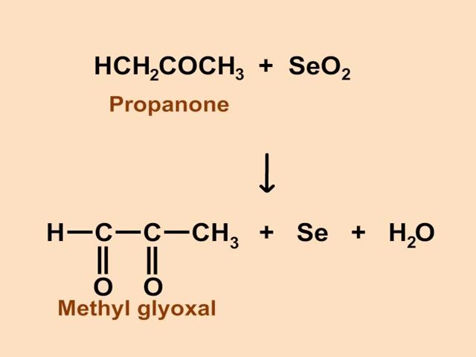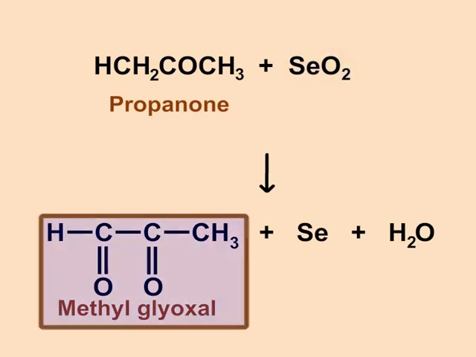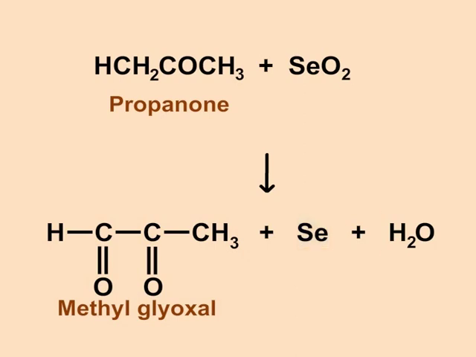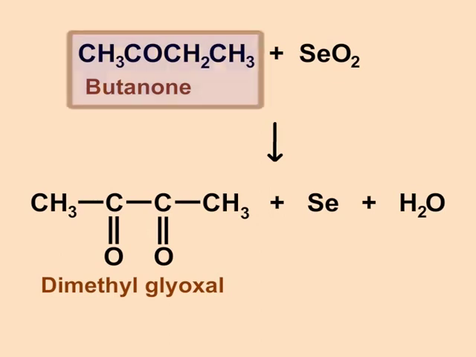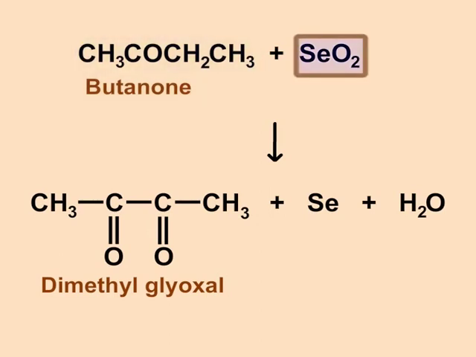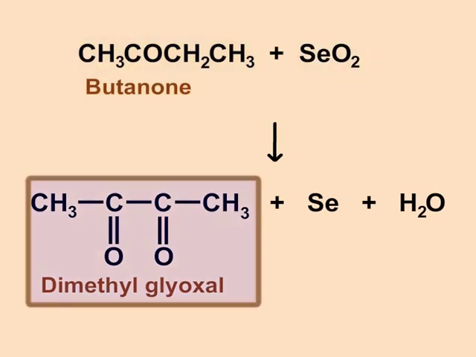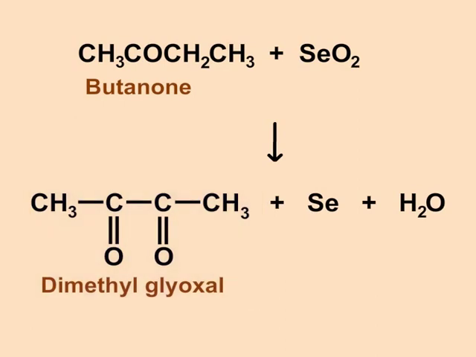For example, propanone reacts with selenium dioxide to form methyl glyoxal, selenium, and water. Butanone reacts with selenium dioxide to form dimethyl glyoxal, selenium and water.